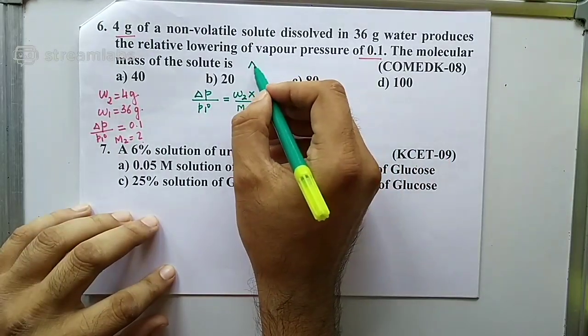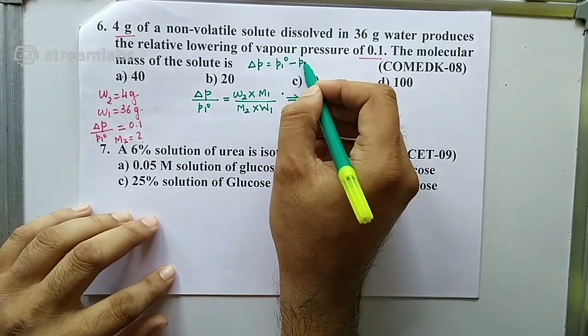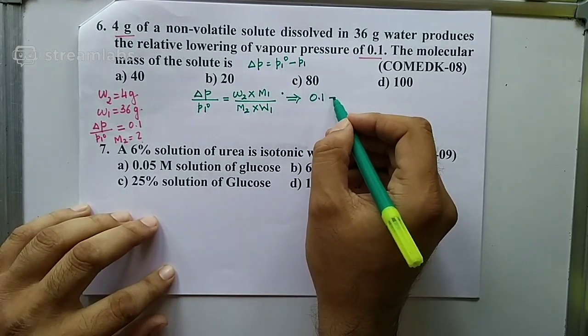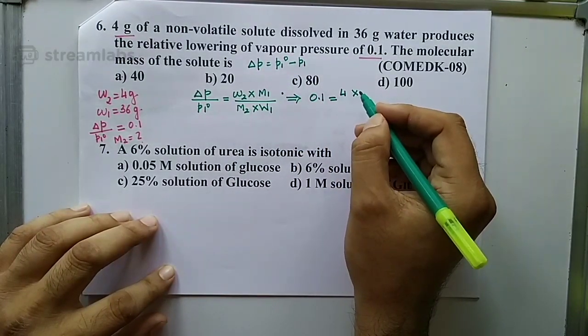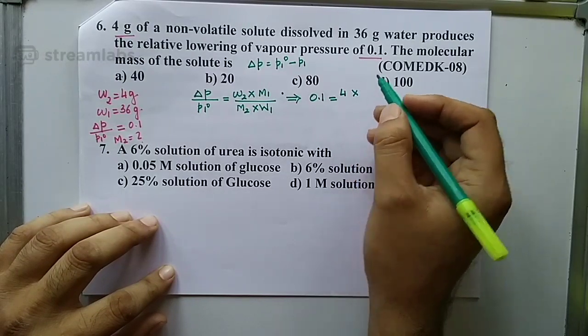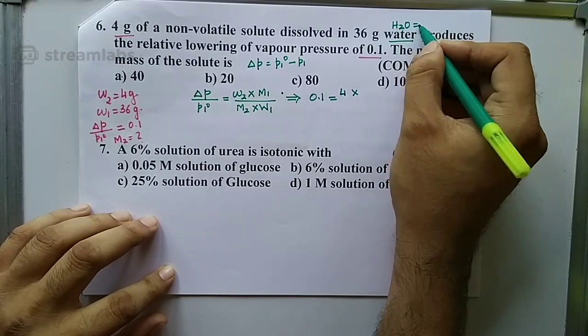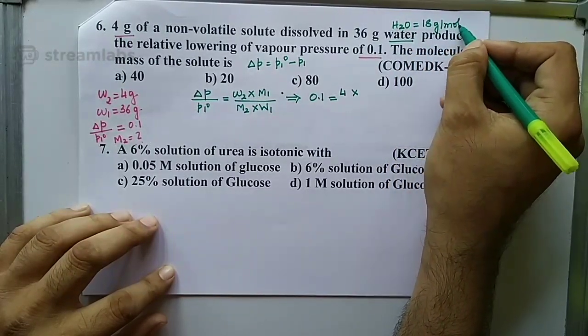So 0.1 is equal to W2, which is 4 gram, multiplied by the molar mass of water, which is used as solvent. Molar mass of water is 18 gram per mole.